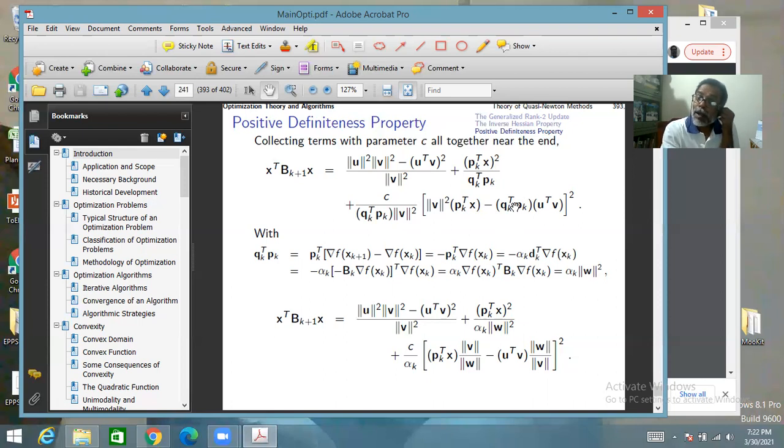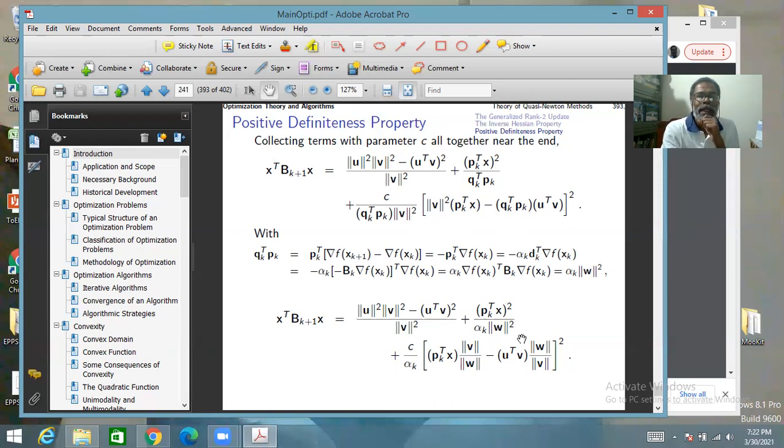This is |w|², and from here one |w| will come inside, because here is this whole square. So one of them will get cancelled, the other one will remain, and the |v| that comes in will remain here. Whether the difference is positive or negative, we don't bother, because this whole thing is a square.